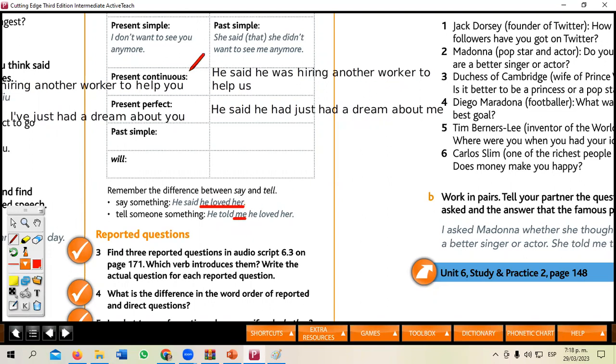He told me, él me dijo que la amaba, okay? This is like the big difference between said and tell. With tell, we always have a person. Con el tell o told siempre tendremos a una persona. Él le dijo a alguien, all right? Este simplemente es, él dijo que la amaba. Él dijo algo.